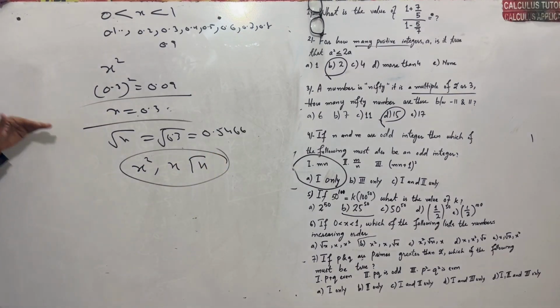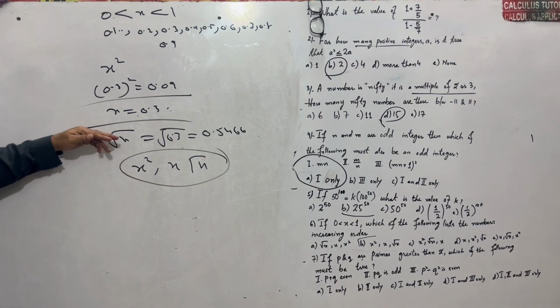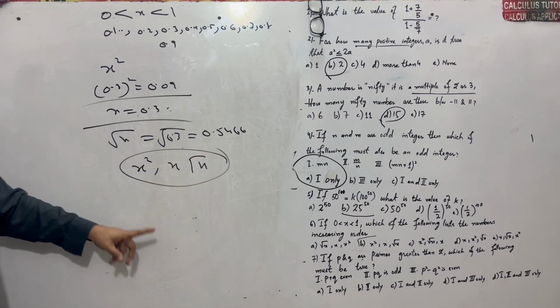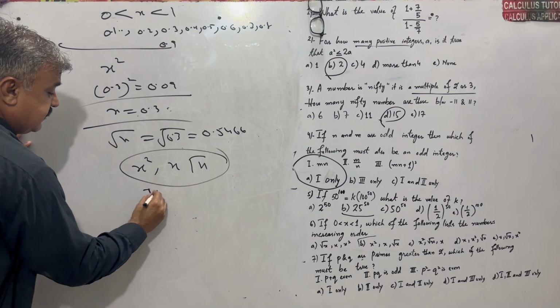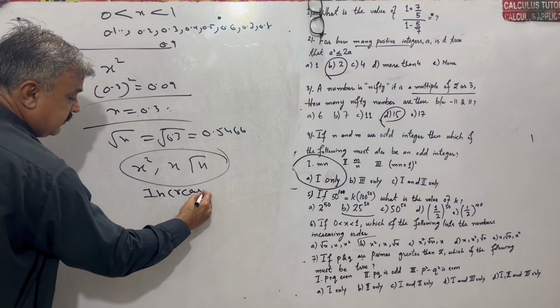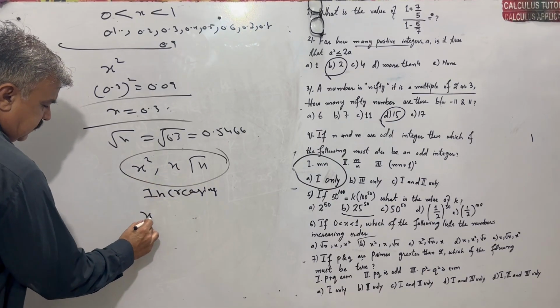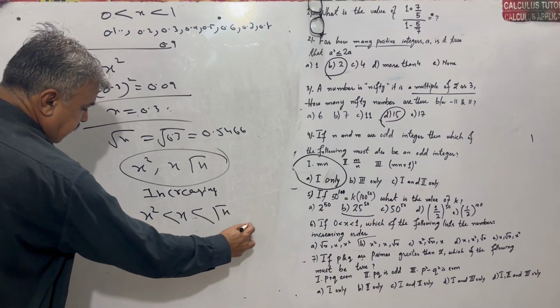Now look, this is our x square, x and root x. Normally it is descending order for us: x square, x, then x raised 1 over 2. But for that interval, it is increasing. It is ascending order, because x square is less than x and x is less than root x in that case.